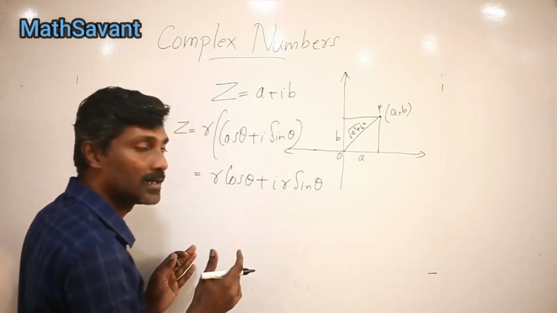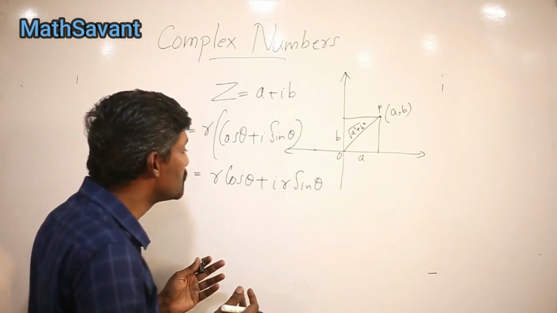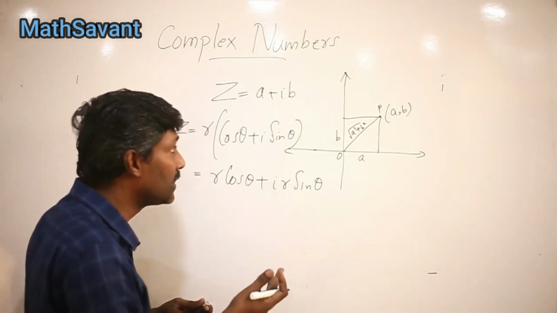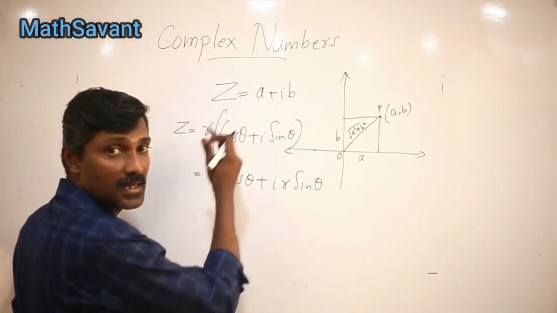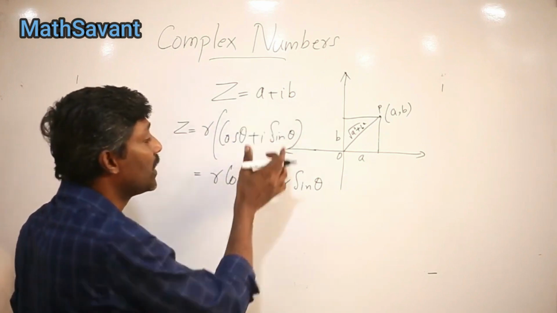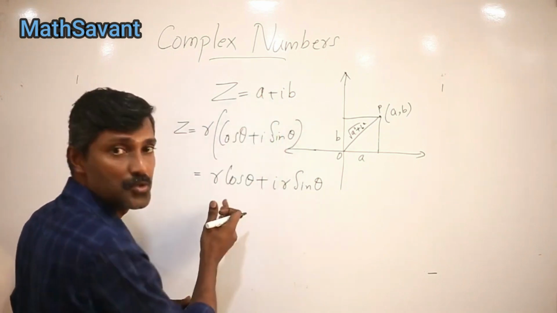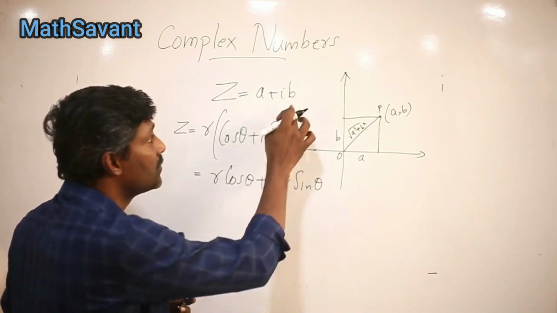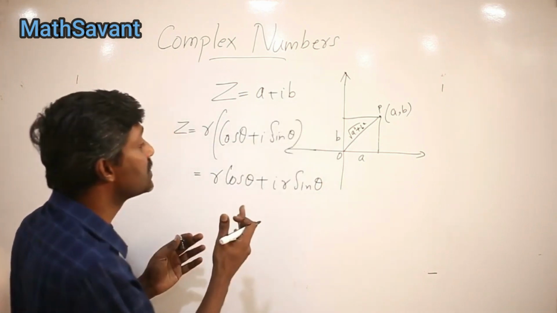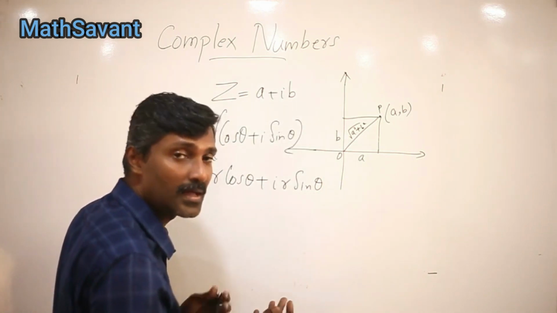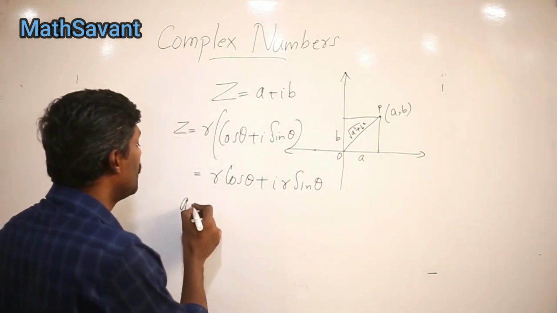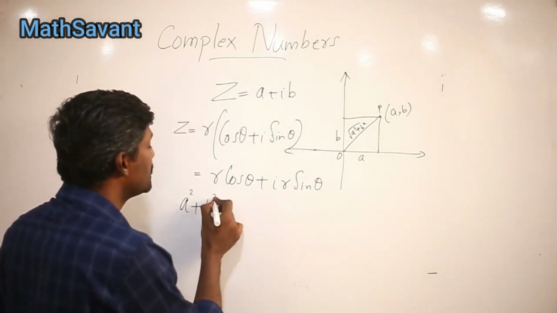Now what do we get when we square these two terms and add it? We already said that A is equal to R cos theta and B is equal to R sin theta, comparing this form and this form. What happens when we square these two terms and add it? That means A square plus B square.